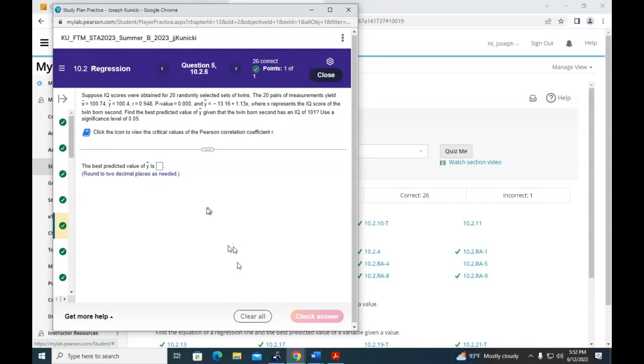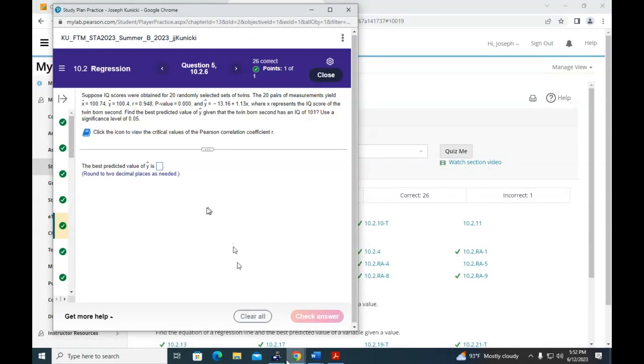Find the best predicted value for y hat given that the twin born second has an IQ of 101. Use alpha as 5%. Well, I can use the prediction line because the p-value is less than this, so the prediction line stands. There is a significant positive correlation because R is positive, so this is positive. So that is the regression line, so I can use that.